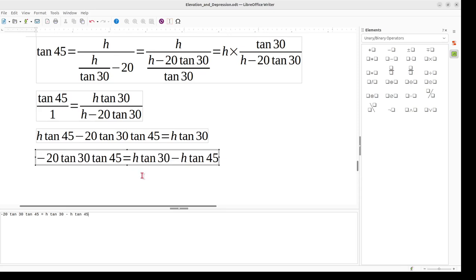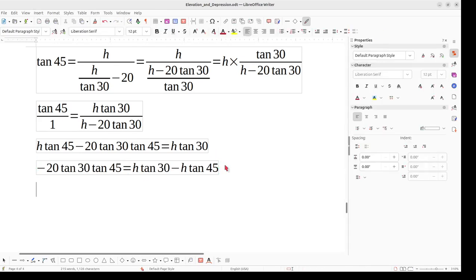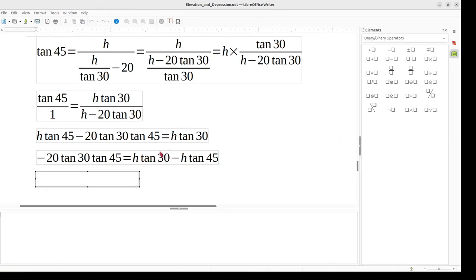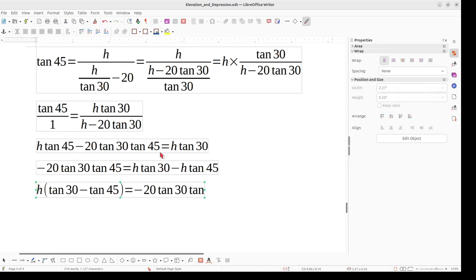Then from there, let's factorize the h on both terms. On the right, we are getting h into tan 30 minus tan 45. This is equal to negative 20 tan 30 times tan 45.